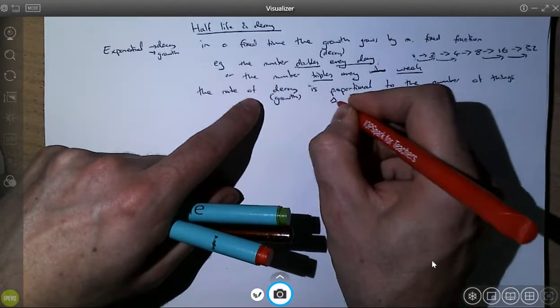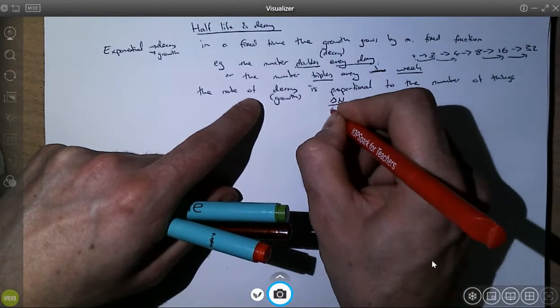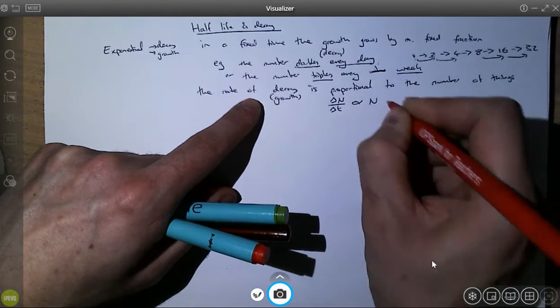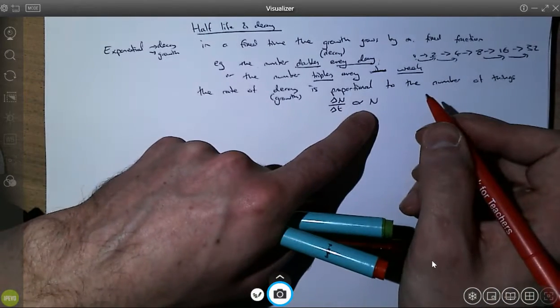And you could write this mathematically. You could say something like the change in a number over the change in t is proportional to the number of things itself.